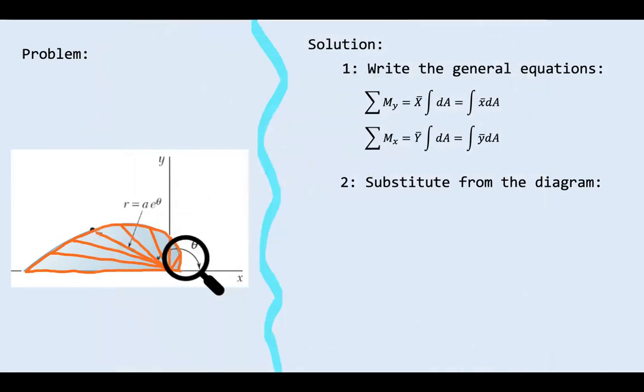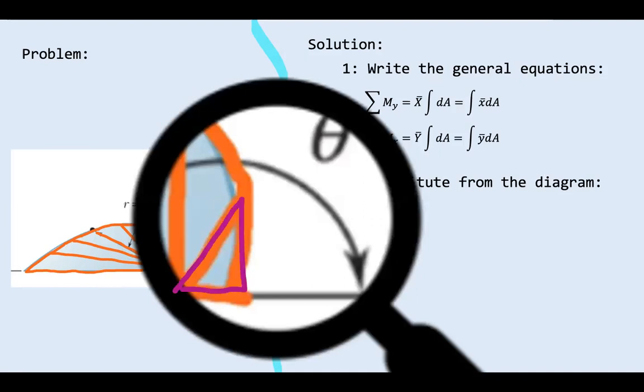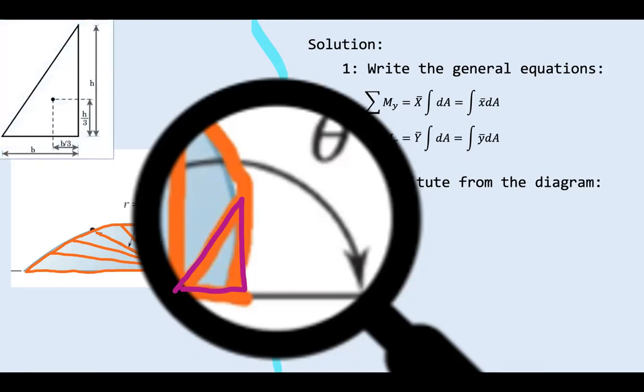Now we will want to substitute from the diagram. Let's zoom in a little bit with a magnifying glass. So zooming in like this, we can draw a triangle. Remember that the approximate location of the centroid is over here. On the top left-hand corner, I have given you the centroid of a right triangle. So we will be using that to help us out.